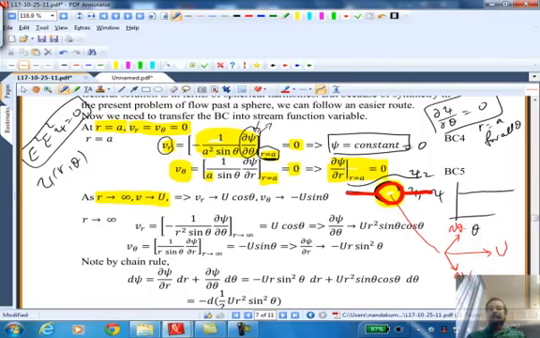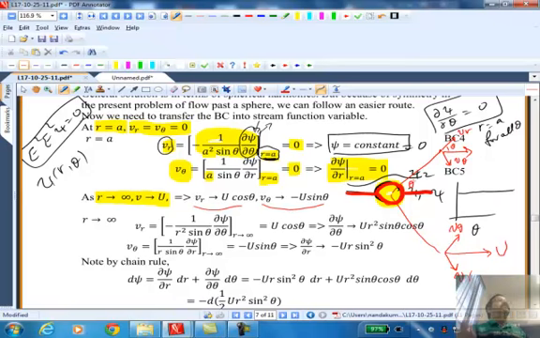Similarly, if you take a point here, you would always be pointing to the right, and you can decompose that as Vr and V theta. So Vr will be given by u cos theta, and V theta will be given by minus u sine theta. Simply decomposing it and knowing that this is your angle theta.